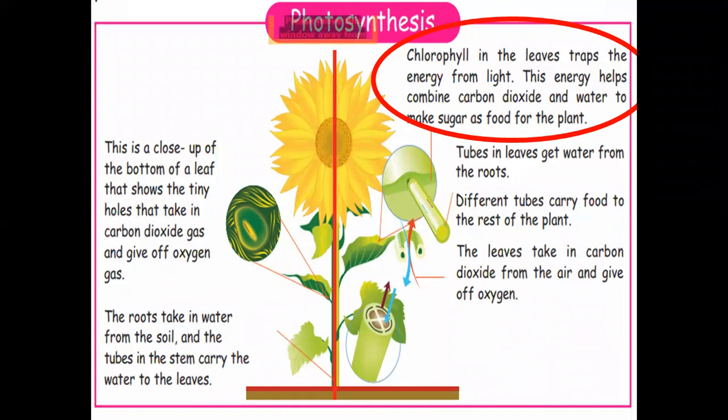Also, you have to know that in some green plants, like the green algae that we find in the sea, for example, we have a special structure that is called the chloroplast. The chloroplasts have an important role in trapping the energy from the sunlight, and they help to make the photosynthesis process.